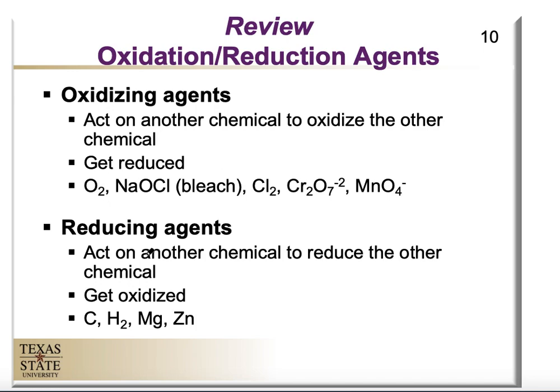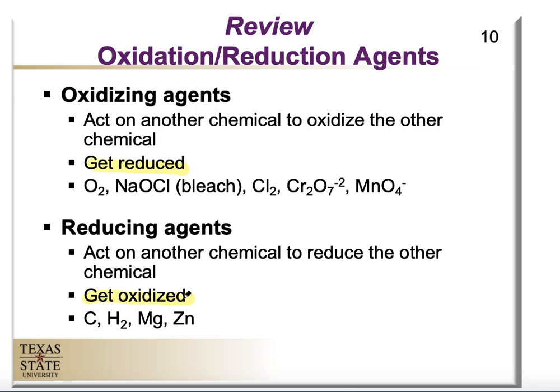Now, reducing agents act on the other reactant in order to reduce it, and in doing so, in that same process, they get oxidized themselves. So notice that the oxidizing agent is the agent that gets reduced, while the reducing agent is the agent that gets oxidized. So what we're going to be doing is looking at redox reactions.